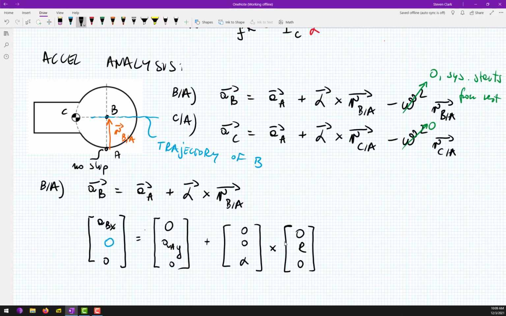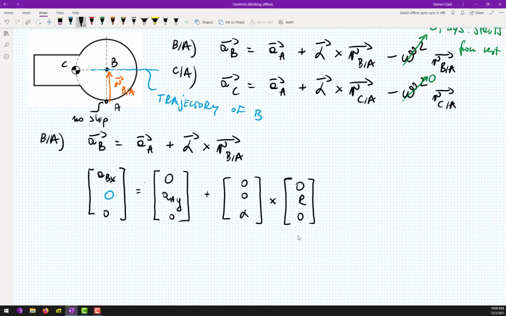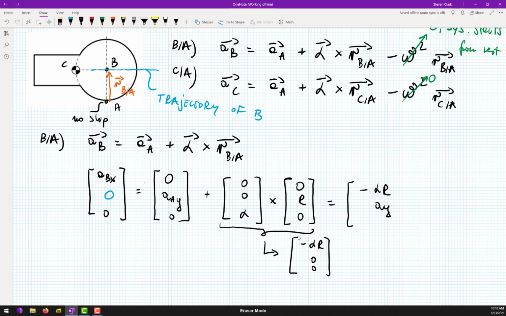All right. So if you do this determinant, you will end up with minus alpha R, 0, 0. And that means that our equation will look like that: minus alpha R, AAY, 0.